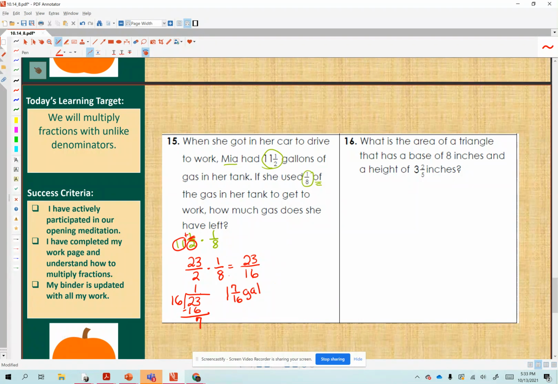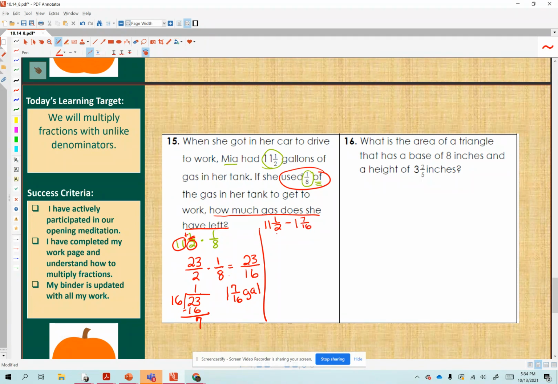Now, we are not done yet. It says, how much gas does she have left? So she used 1 7/16 gallons. Now we need to do some more math. We need to subtract the 1 7/16 from 11 1/2. So 11 1/2 minus 1 7/16.